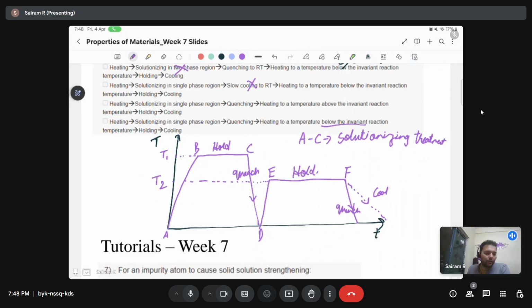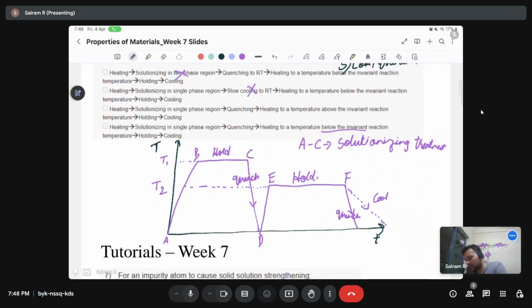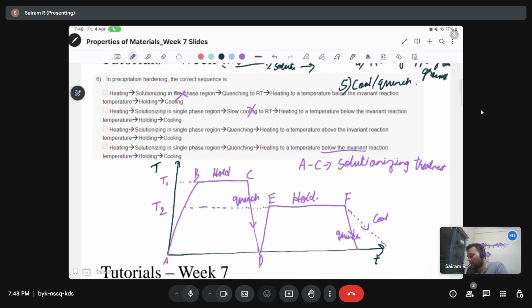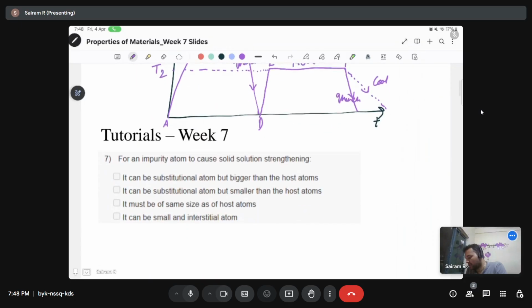Diffusion, as you all know, follows the Arrhenius laws, which is time and temperature dependent. So yeah, it is going to be below the invariant reaction. And then it has holding followed by cooling. So the correct sequence for precipitation hardening is option D. Okay, moving on.